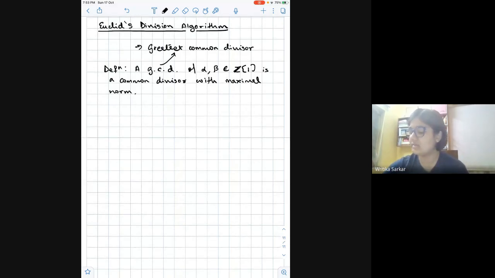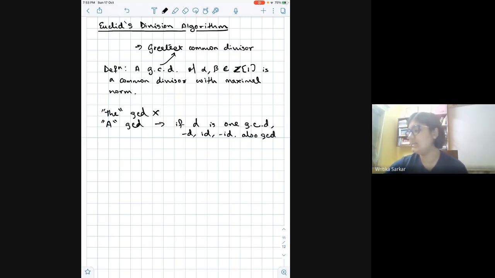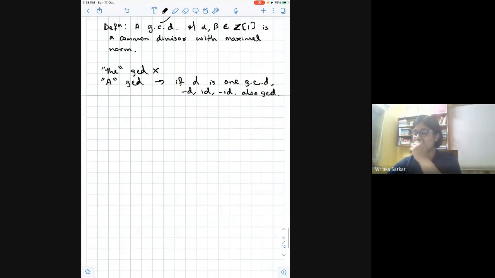Note that in Gaussian integers we can't talk about the greatest common divisor. We can only talk about a greatest common divisor, because if d is one greatest common divisor, then obviously minus d, i times d, and minus i times d are also greatest common divisors. So you can multiply by units, and here we can't just say take the positive divisor because there's no notion of a positive divisor.